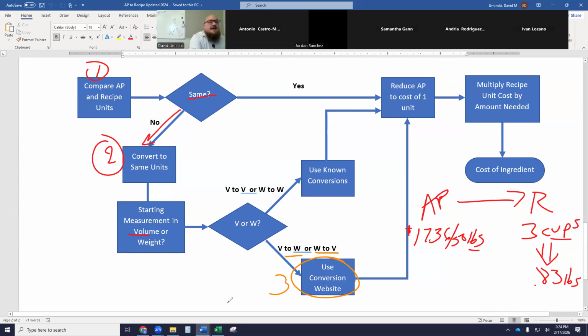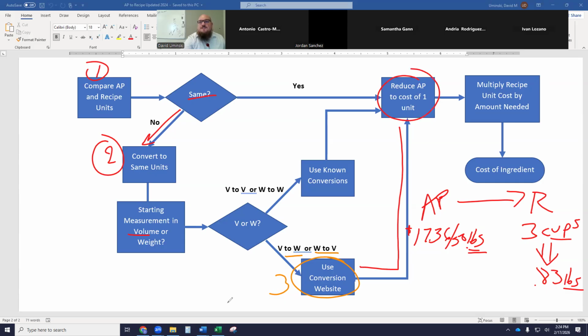Now, do my units match? Yes, they do. Okay. So now that they match, I follow the arrow and I have to reduce the AP cost to the cost of 1 unit. So I buy 50 pounds of flour, but now I have to figure out how much just 1 pound of flour costs.